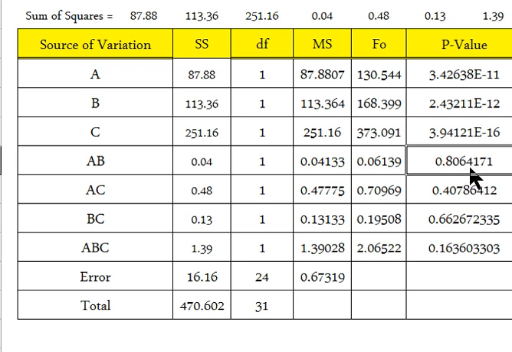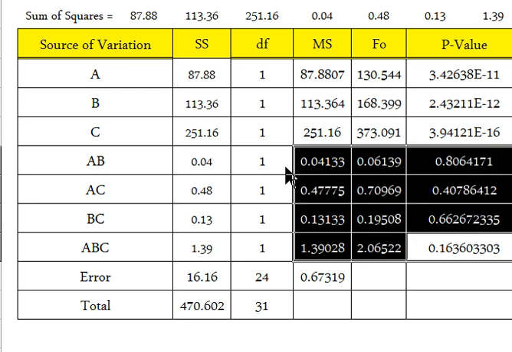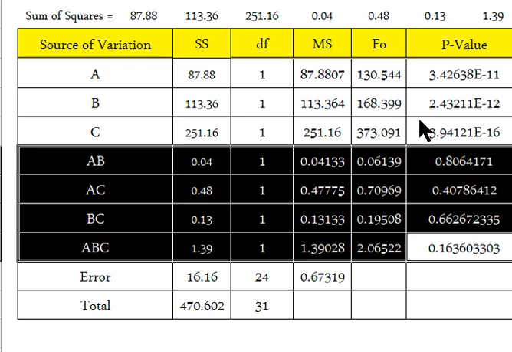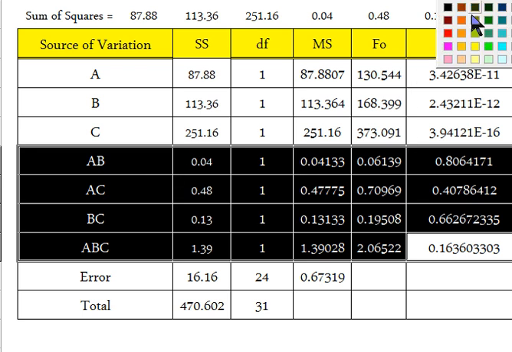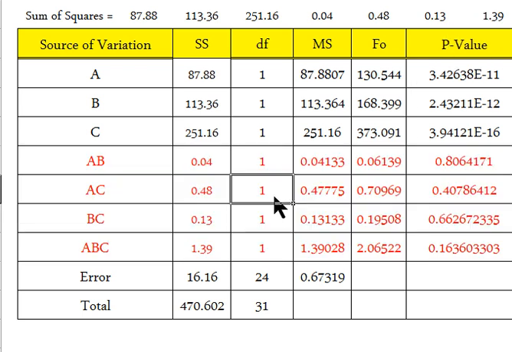Now, AB, AC, BC, and ABC are all greater than 5%, which means we failed to show that they have any statistical significance. So in the final regression model, those will be disregarded.